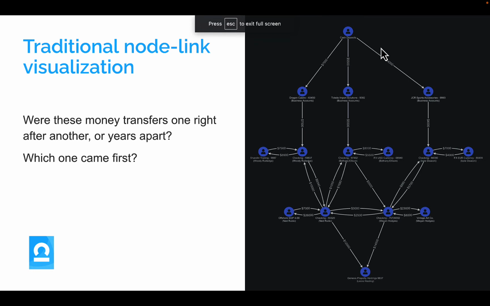The traditional way that we visualize graph data is with the node link visualization like what you're seeing over here on the right. This example shows a series of money transfers between accounts, and we're implying that the money went from the cash deposits at the top of the chart to the property holdings company at the bottom of the chart via a number of different intermediaries.